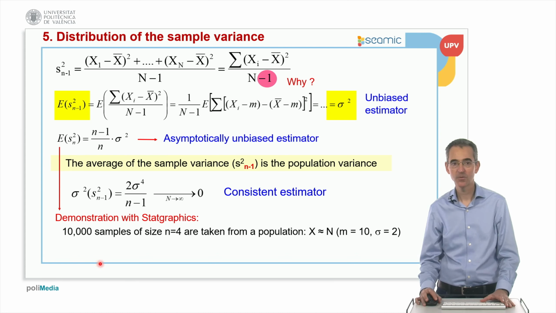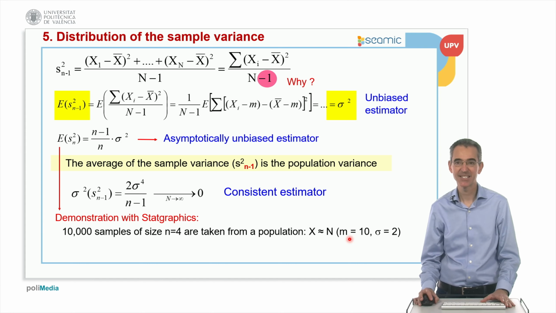In the next slide I'm going to present 10,000 samples of size n equal 4 that are taken from a population with an average of 10 and a standard deviation equal to 2.